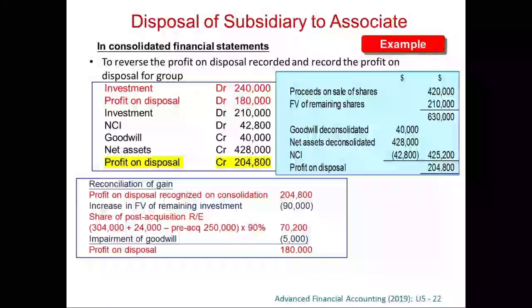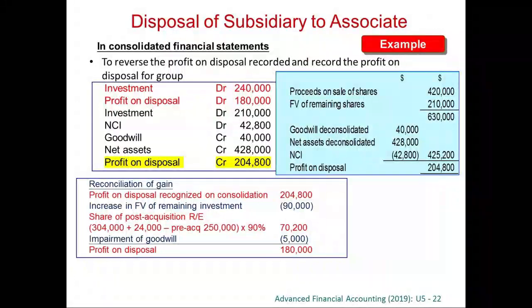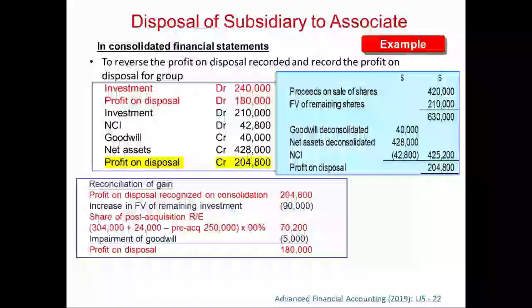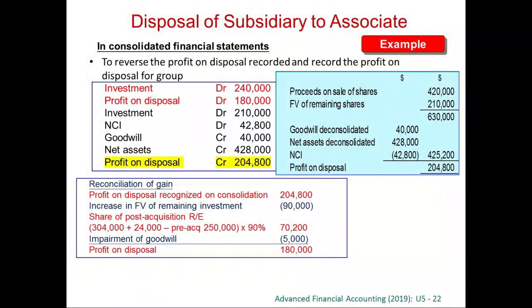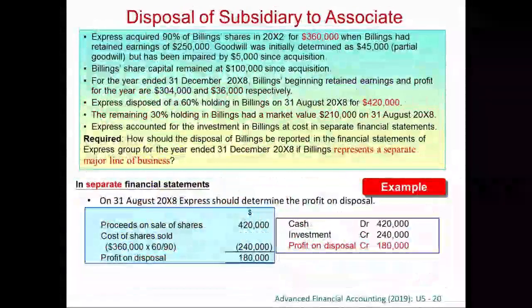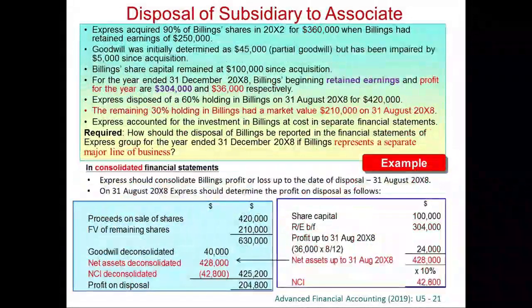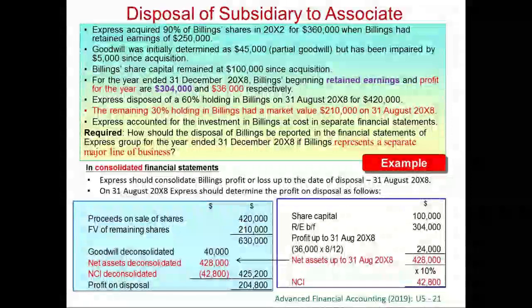So because of the accounting method, we accelerated the recognition of the profit. How much profit have we recognized so far on consolidation? It is the share of the post-acquisition profits that we have shared, right? So at the day of acquisition, the retained earning was 250.